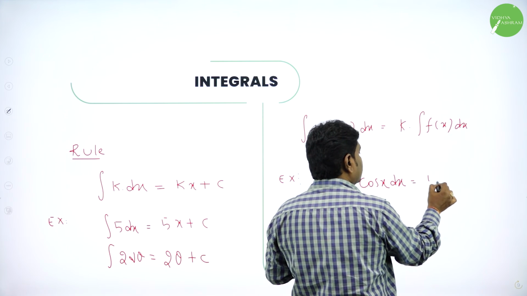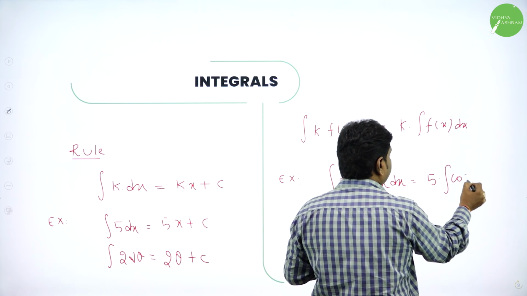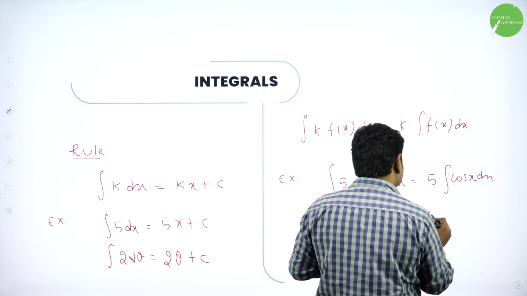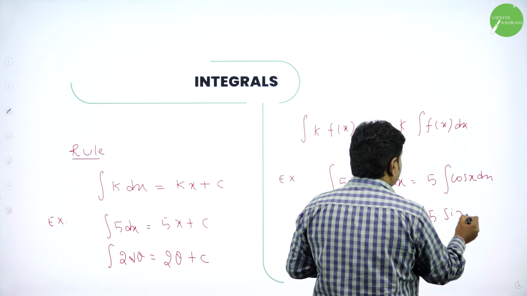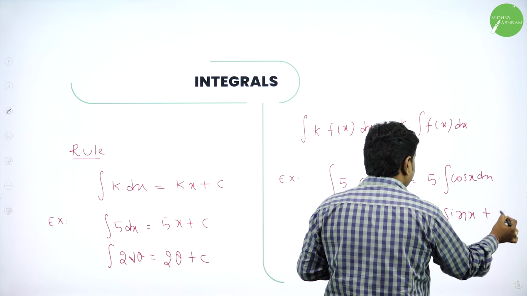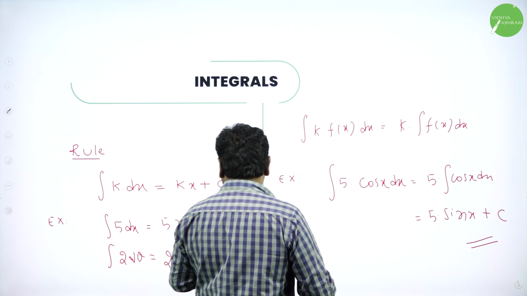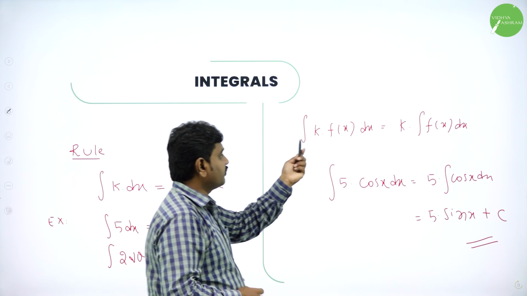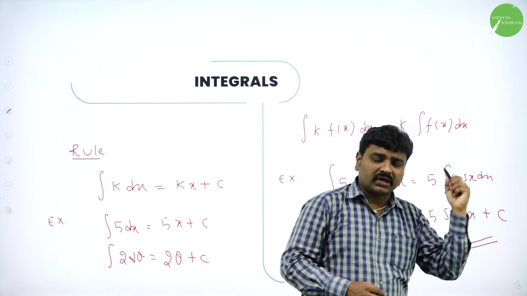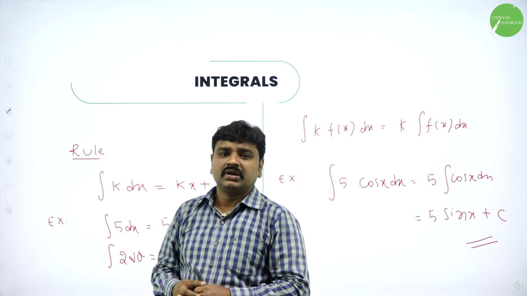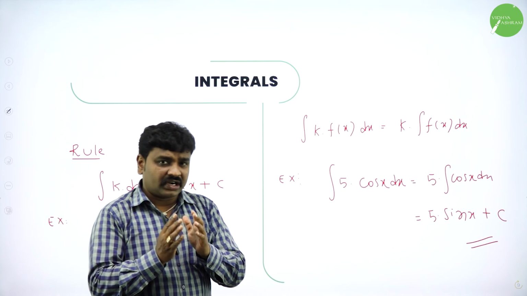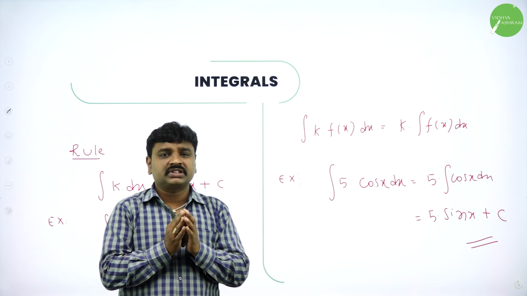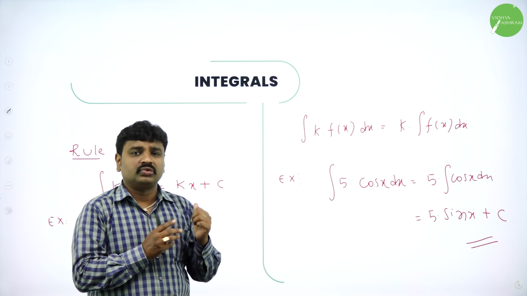You know 5 is a number, a constant, take it out, integrate the cos x. What is integration of cos x in the formula list? Sin x. Always when we integrate, we should put plus c. What is integration of k dx? Kx plus c. Integration of k into f of x, take k out and apply integration for f of x.